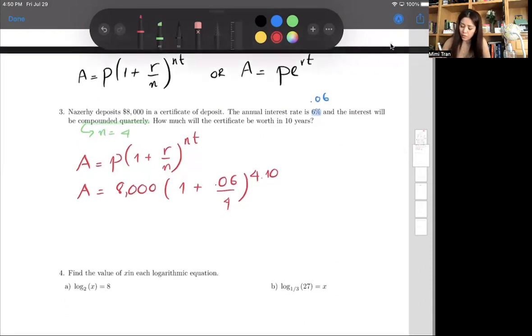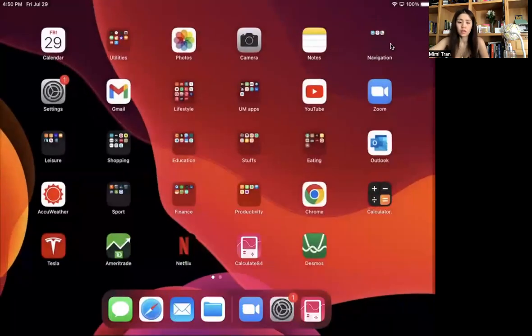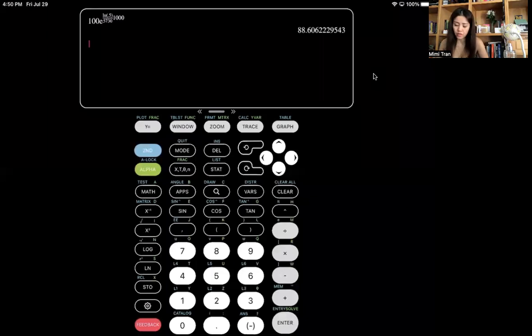So let me show you how you put it in a calculator. Let me clear that. So what is that? It's 8,000, parenthesis, 1 plus, and then second frac, which will give you a fraction.